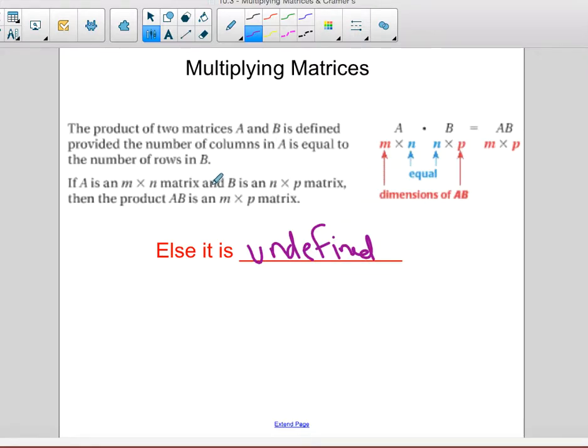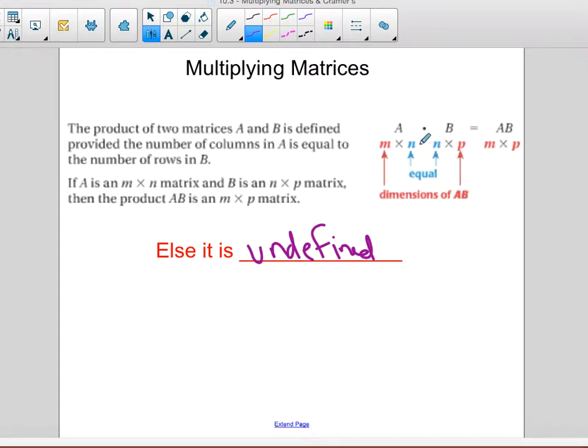Now, I'm going to show you how to multiply it out, but just as a heads up, the dimensions of the product matrix are going to be the number of rows in the first one times the number of columns in the second one. So you're going to get one matrix, which will be the product, and that's it.